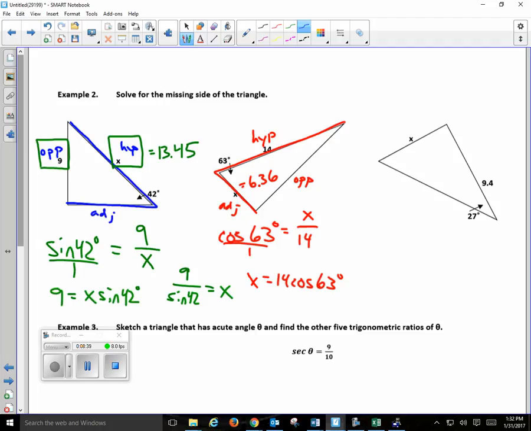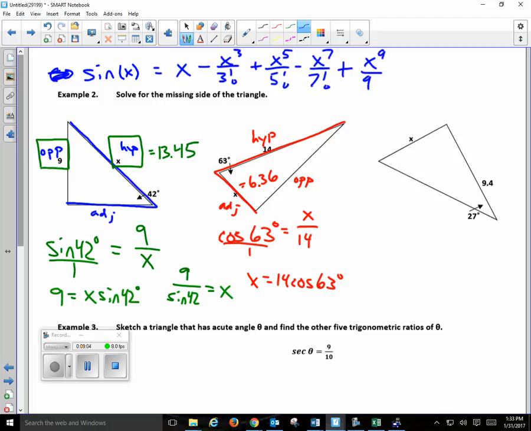Understand that we have to tell the calculator what to do. One thing that we learn in calculus and calculus 2 is that any function can be written as a polynomial. So sine of x is actually the same thing as x minus x to the third over 3 factorial plus x to the fifth over 5 factorial minus x to the seventh over 7 factorial plus x to the ninth over 9 factorial, going on forever.